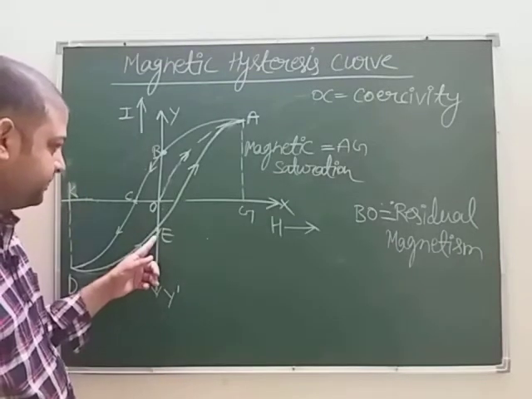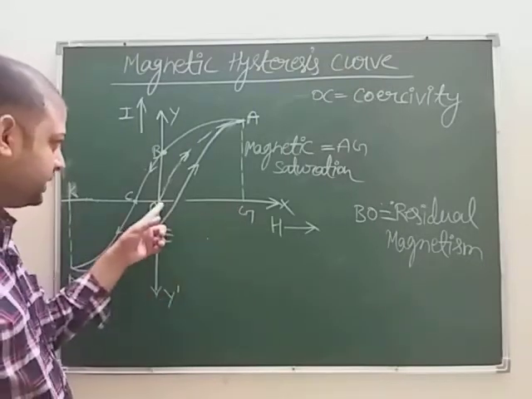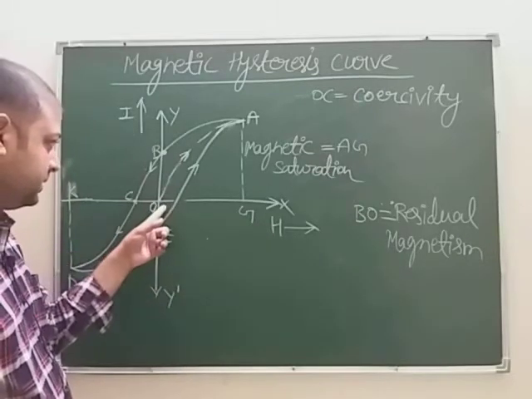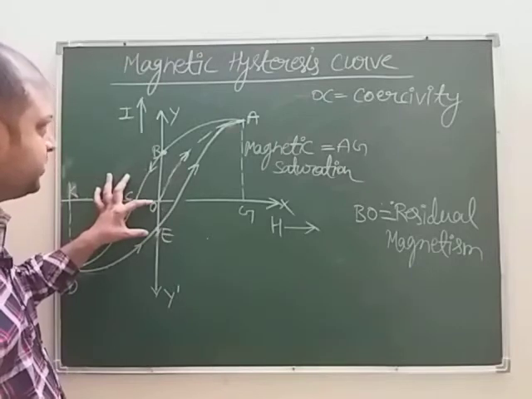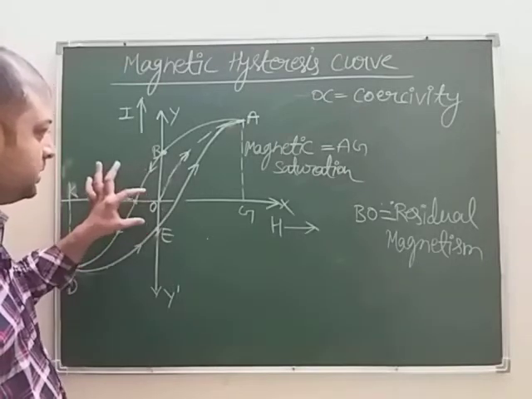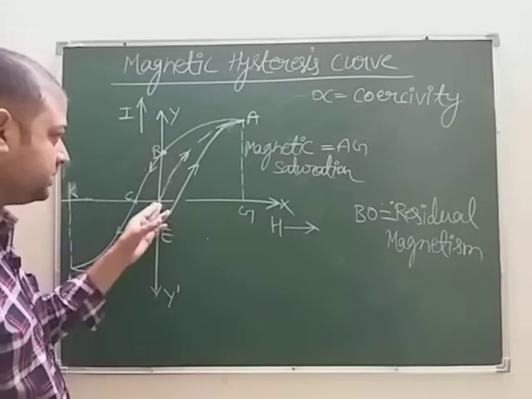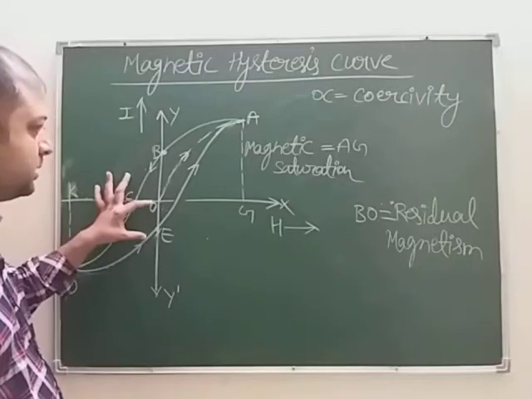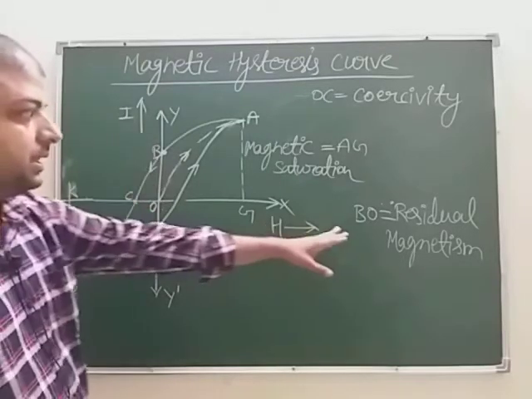At this point the magnetizing field H is 0, but we can clearly see that there is some value of intensity of magnetization at this point. The intensity does not become 0 even though H is 0. So this part OE is again called residual magnetism, which we have already written on the board.